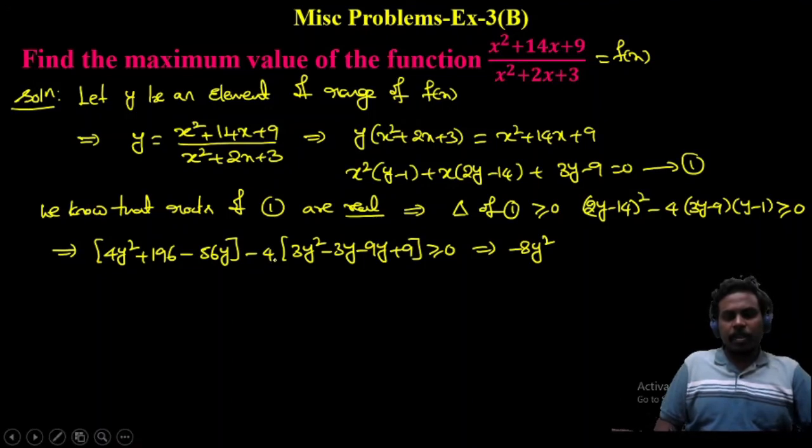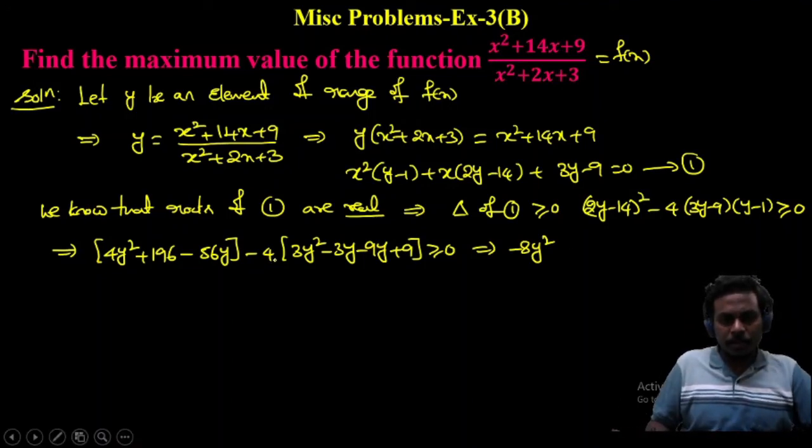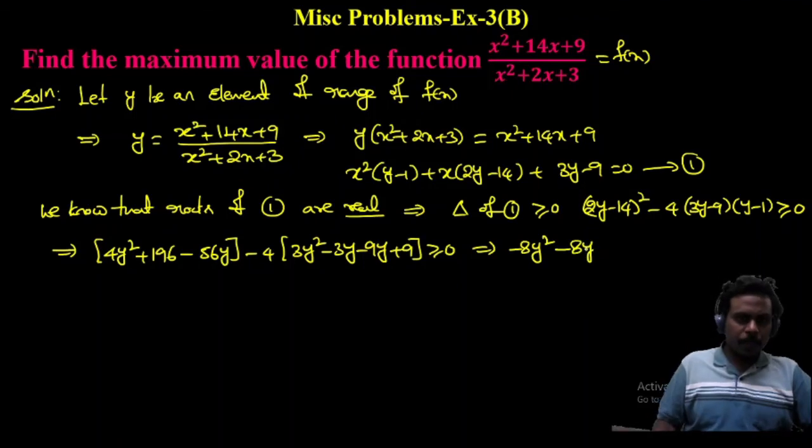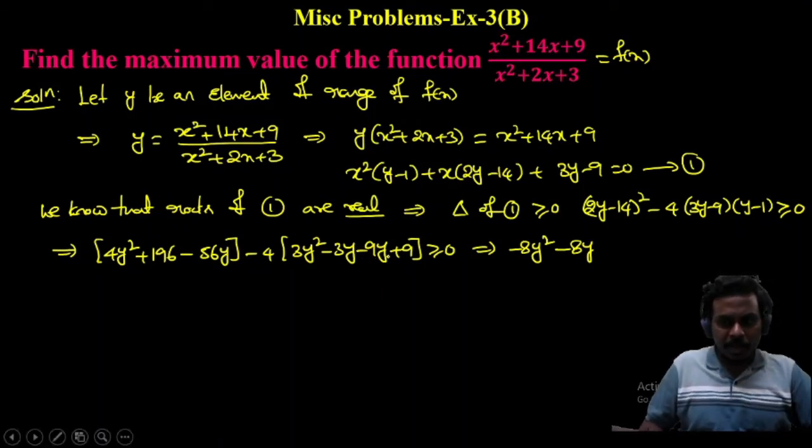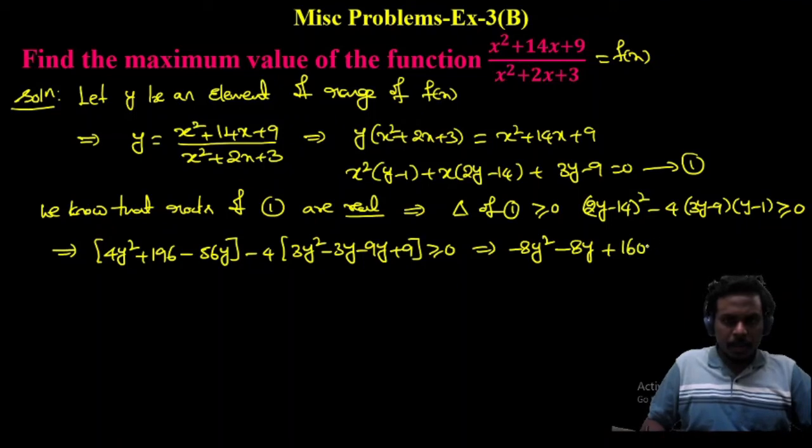So minus 56 plus 48 is minus 8y. Now we are left with the constant term. 4 into 9 is 36. So 196 minus 36 is 160 actually. So it is plus 160 is greater than or equal to 0.